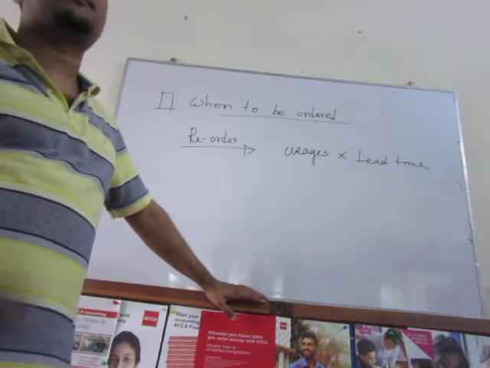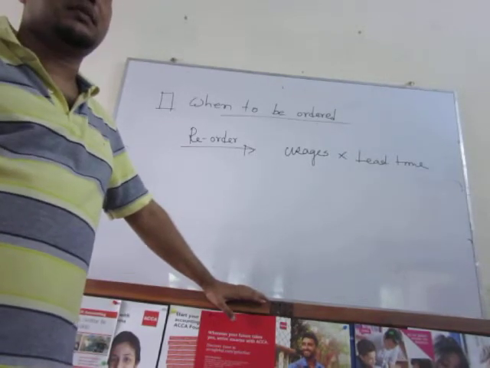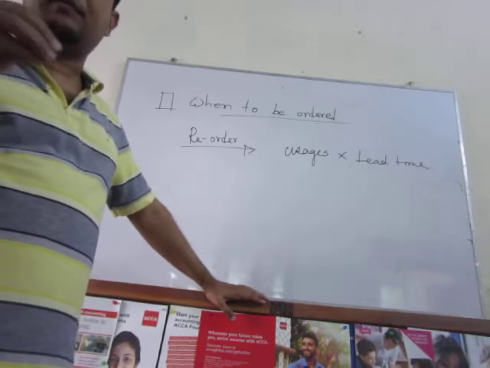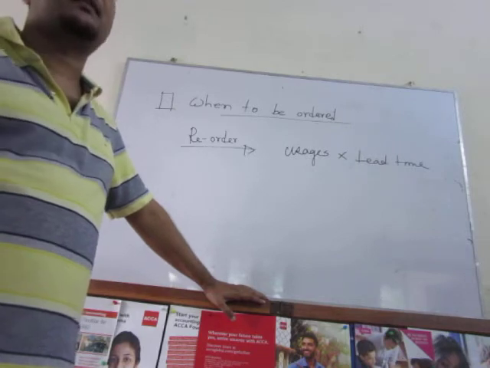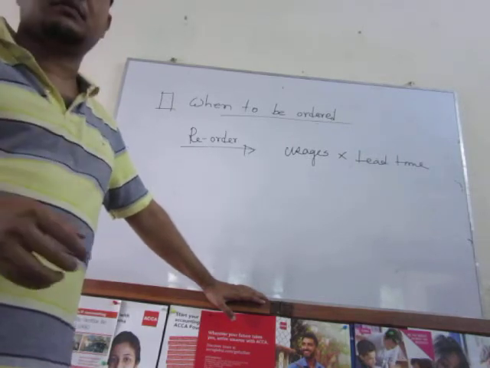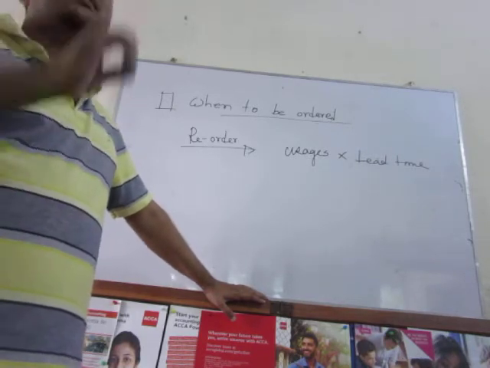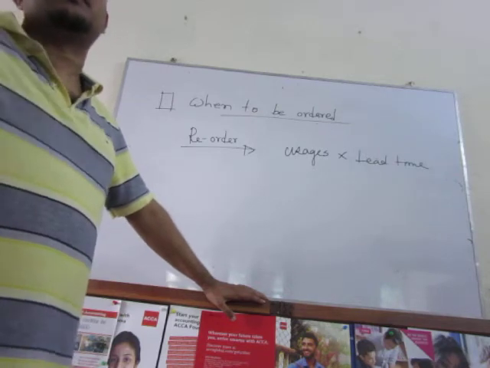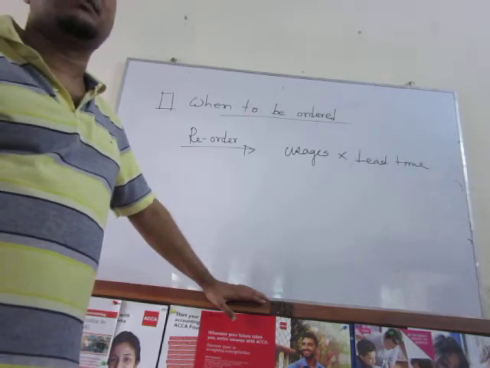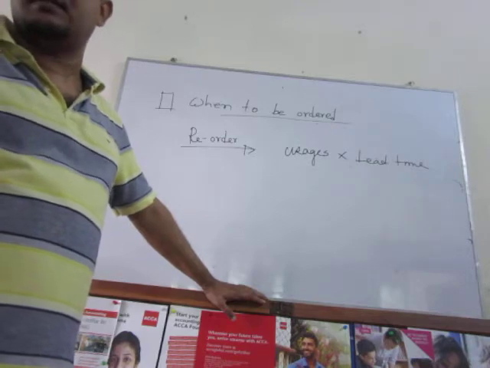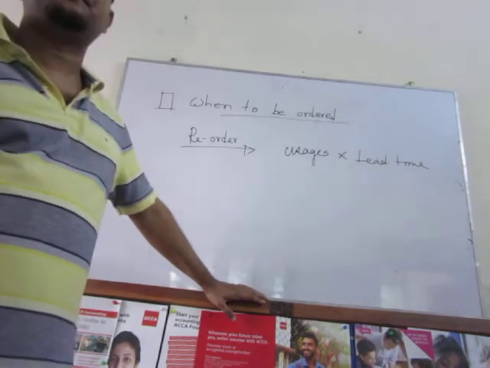Suppose your supplier is in Dhaka. If you place an order today for 5 metric tons or 10 metric tons, something like that, to have this order, your time requirement is 2 days. This is lead time. Clear?